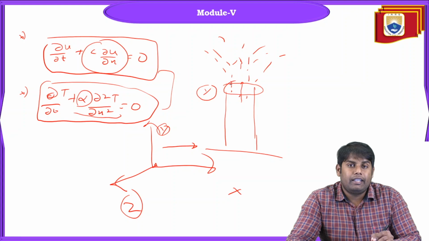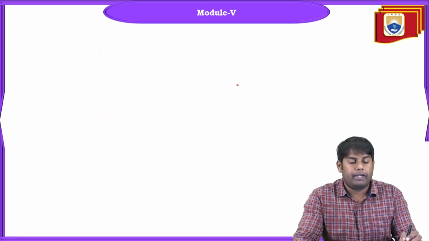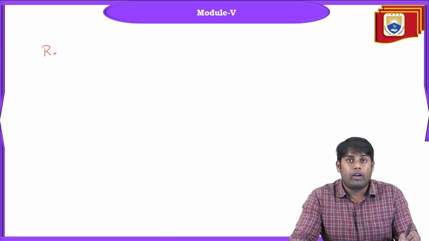So basically, if you have convection along one direction, let's say the x axis, the diffusion will happen along the y and z axes. Okay, so we can take another non-dimensional parameter, the Reynolds number.